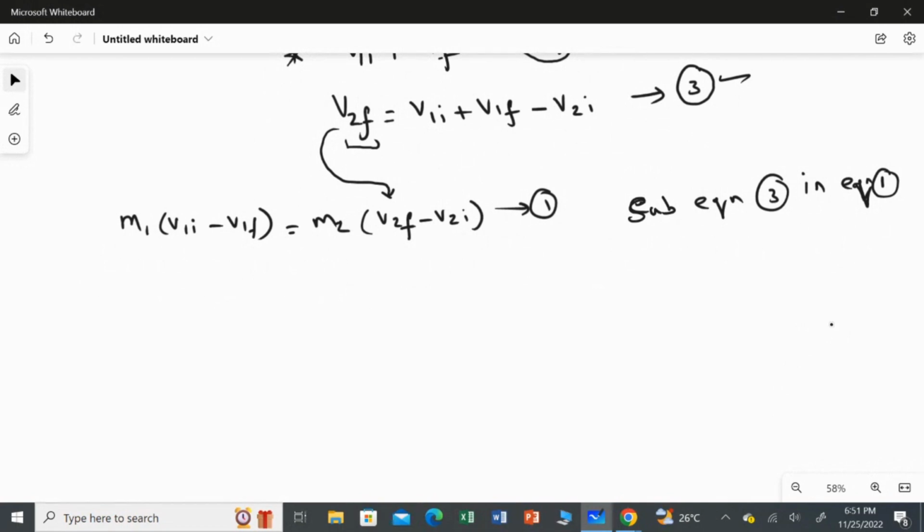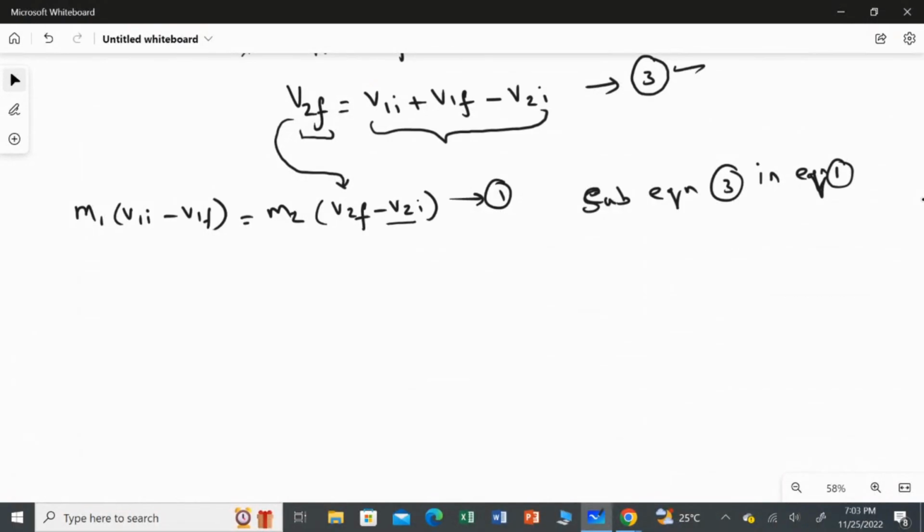What will happen? By that, equation 1 will become M1 (V1 initial minus V1 final), which is equal to M2, and in this place I'm going to substitute this value here.